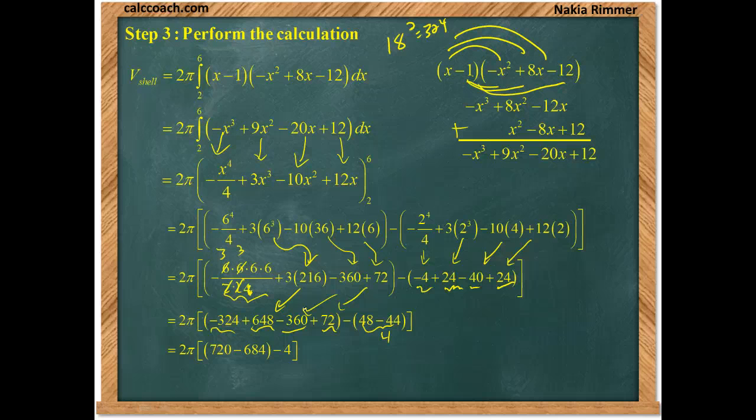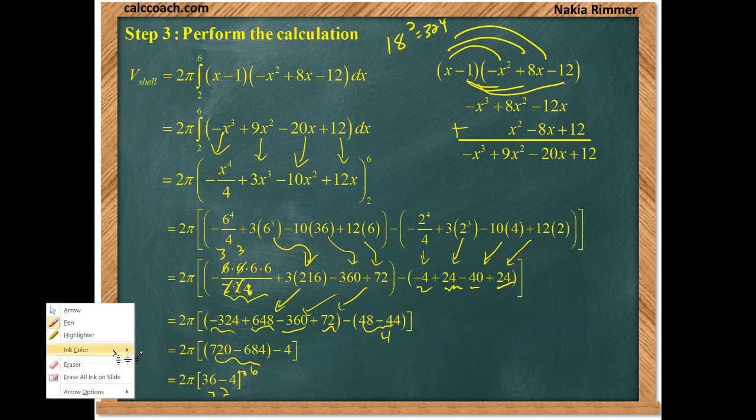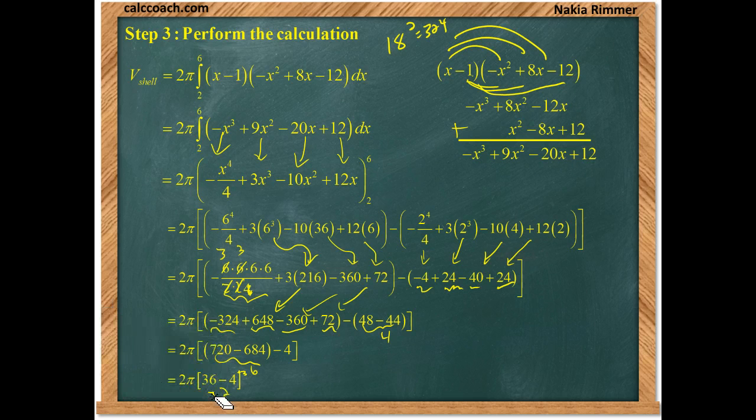That should be 36. And then from that 36, we take away 4. And that's how we end up with 32. Then we have to double that 32. It's 2 pi on the outside. Final answer is 64 pi. Whatever units you have, cubed. That'll be the volume of the shape.